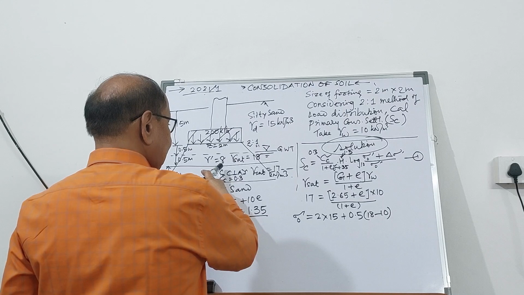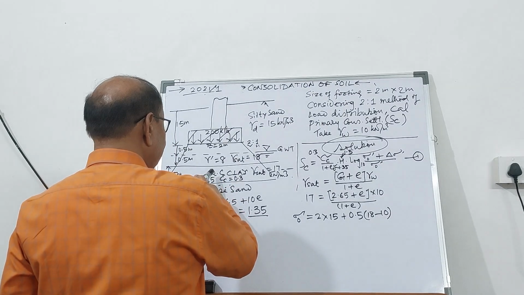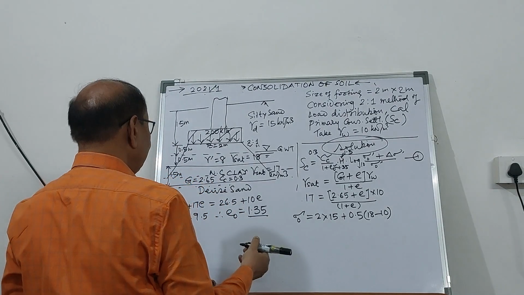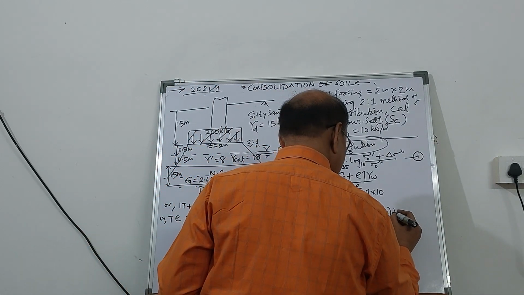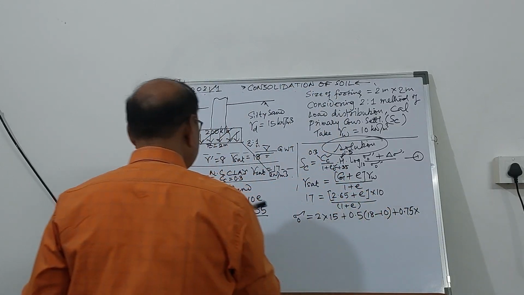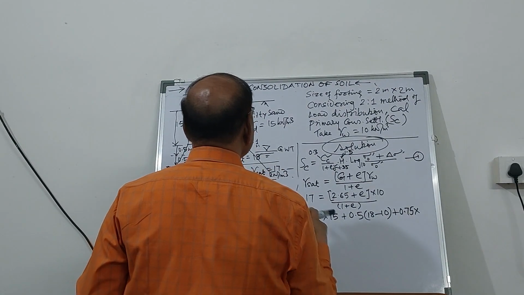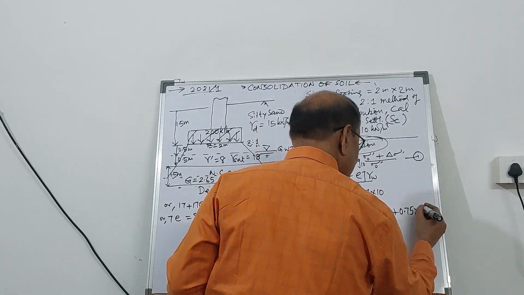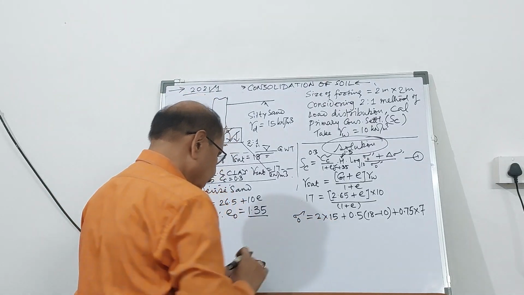Then, at the middle, it will be 1.5 divided by 2, that is 0.75, multiplied by gamma sat, given to you as 17 for the clay. So 17 minus 10 becomes 7.